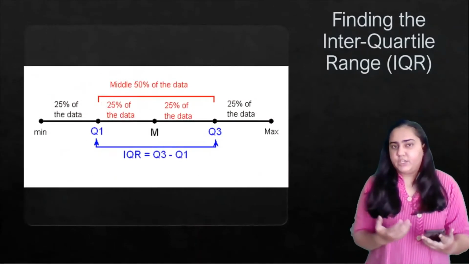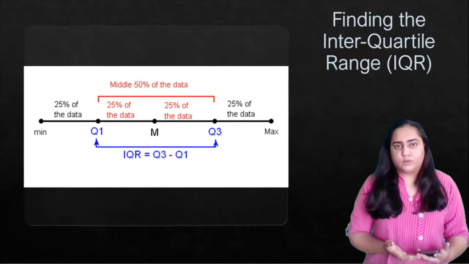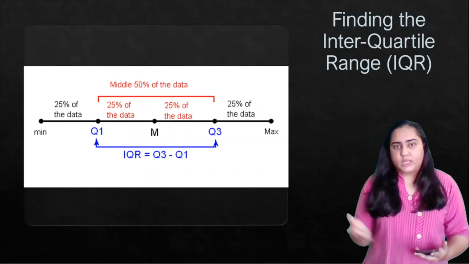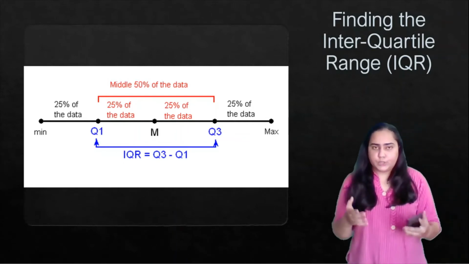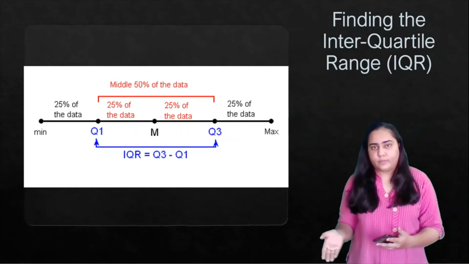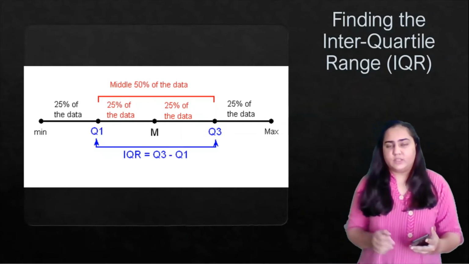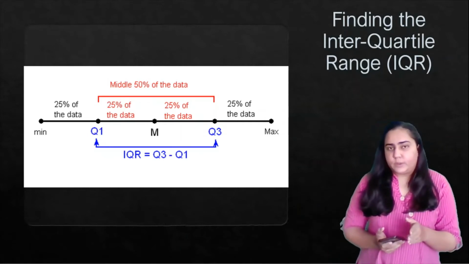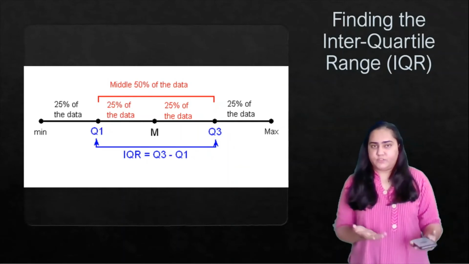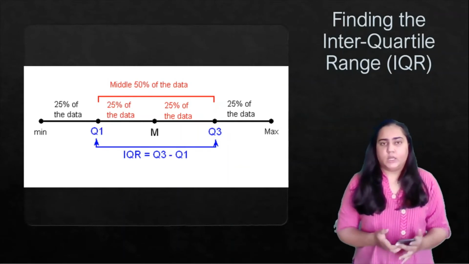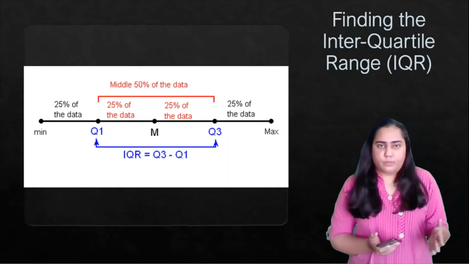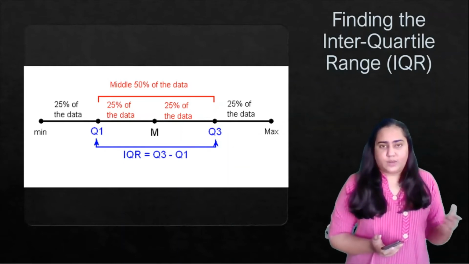Now your IQR, the interquartile range, is nothing but Q3 minus Q1. So what you have is Q3 minus Q1, which is the middle 50%, because you are taking 25% below the median and 25% above the median.